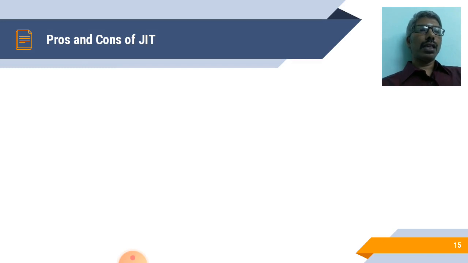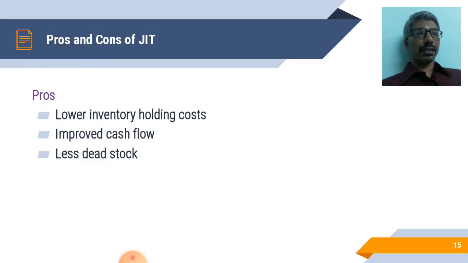The pros and cons of JIT. First, we are discussing the pros. JIT leads to lower inventory holding cost, because here we are not keeping the materials needed for production in the stores.